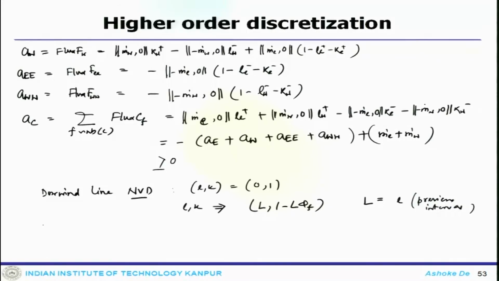So, the moral of the thing is that NWF is much more robust than the DWF scheme, because it always guarantees this coefficient AC to be positive, which does not lead to any instability.